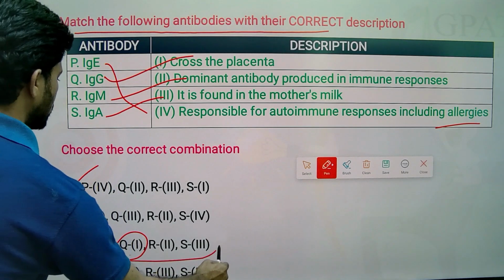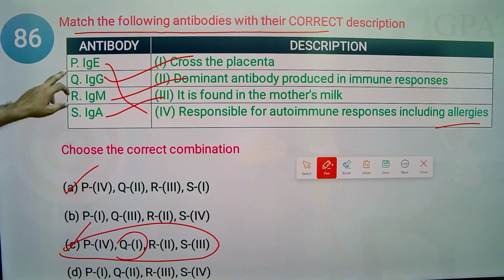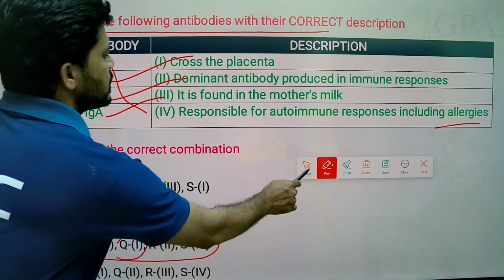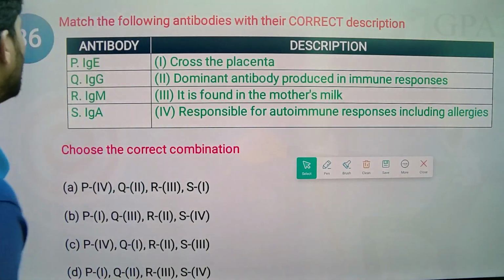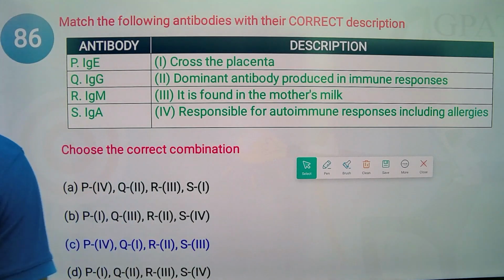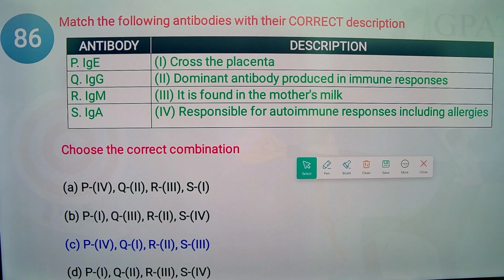So option C: P is 4, IgE allergic reactions; Q is 1, IgG crosses the placenta; R is 2, IgM dominant antibody in the body; and S is 3, IgA found in mother's milk. Answer is option C.